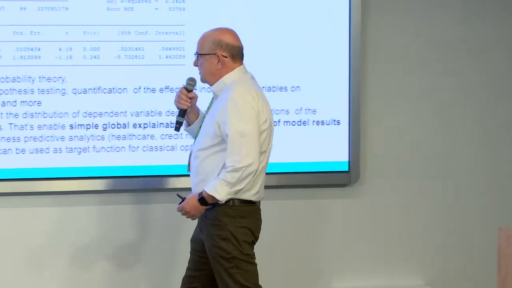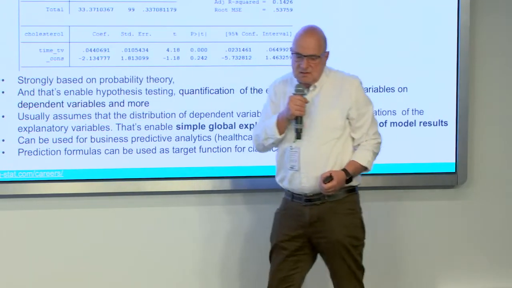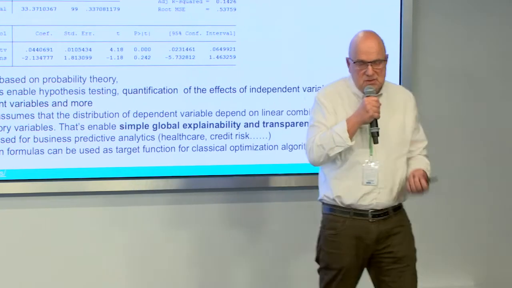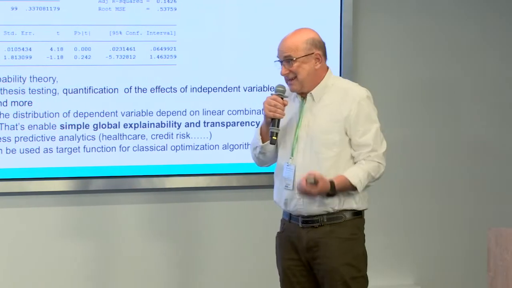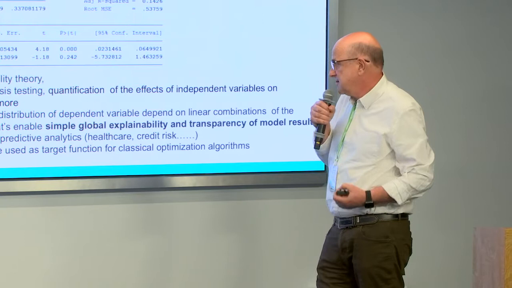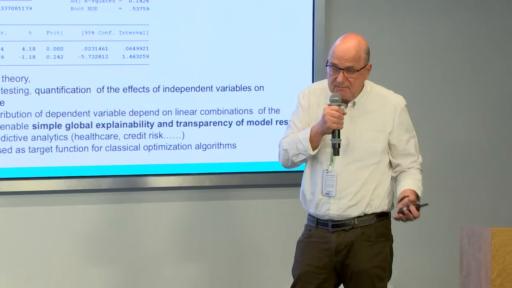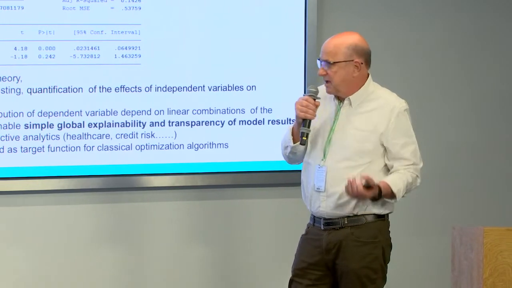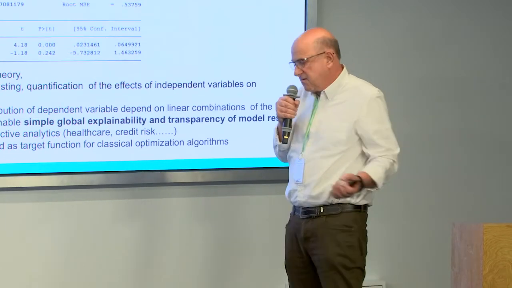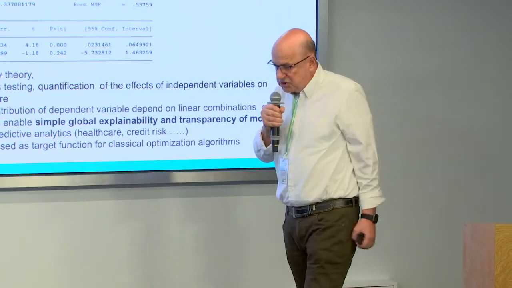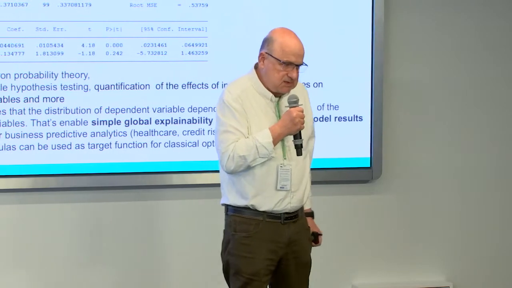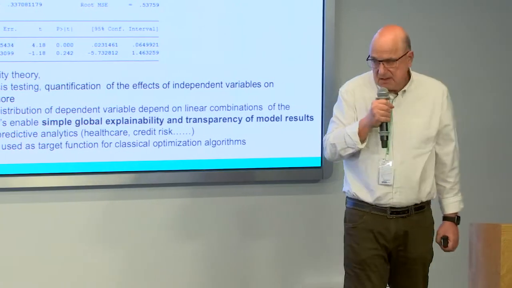This is very transparent to the experts, to all those who want to understand the results, and maybe to those who want to do something with it, for example, to make predictions. We can see what will be our cholesterol level if we change the number of hours that we watch TV.